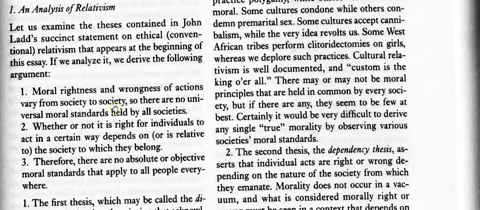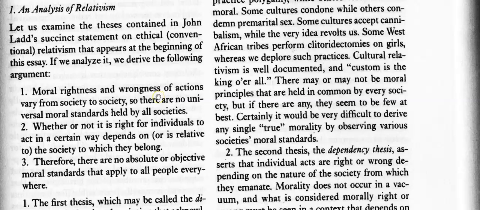Or that morality is subjective. Notice that that's only the first part of the sentence there. Even this first premise of the argument continues, so there are no universal moral standards held by all societies. So that's really the biggest problem.